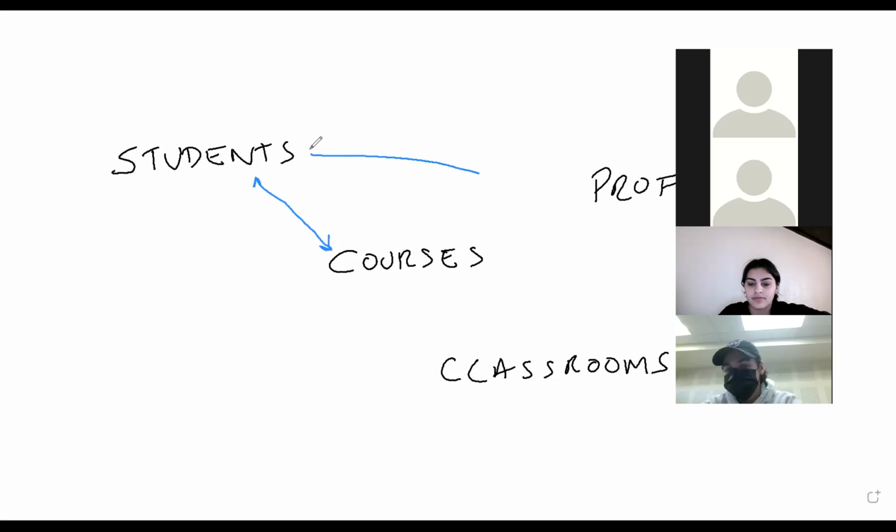Notice the blue lines I'm drawing. The blue lines are going to represent relationships. By the way, I can draw as many lines as I want. I'm just going to draw those 4 right now.